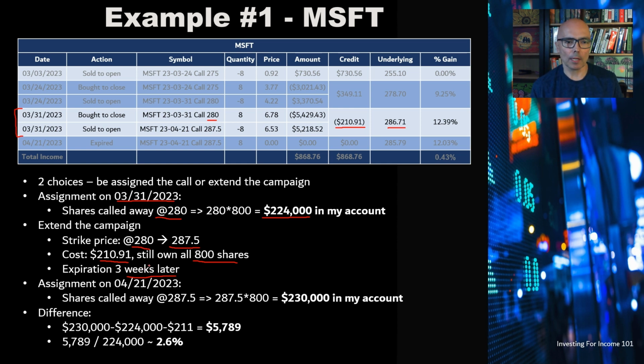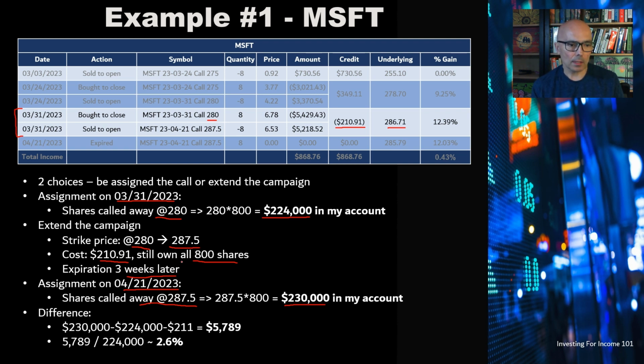Assume that Microsoft went up really crazy. On the 21st of April, if I were assigned a call, meaning the shares would get called away, they would get called away at the new strike price, right? The new strike price of 287.50 times 800 shares would be $230,000 in my account, much more than the $224,000 that I would have gotten 3 weeks early.